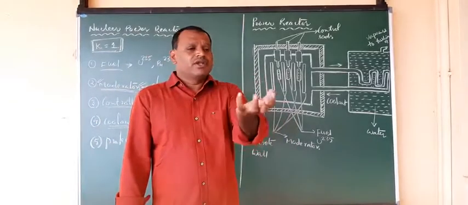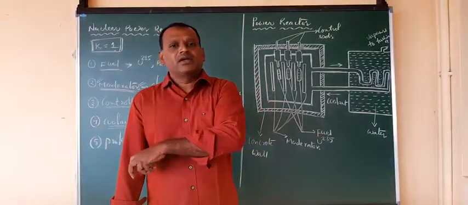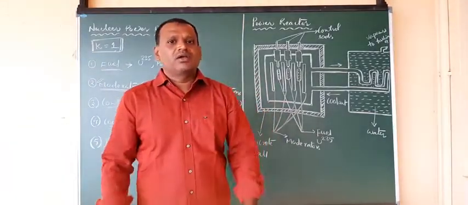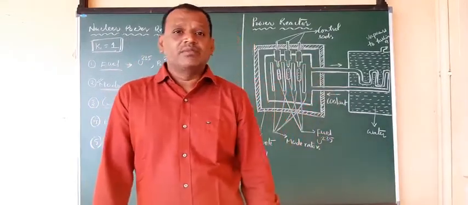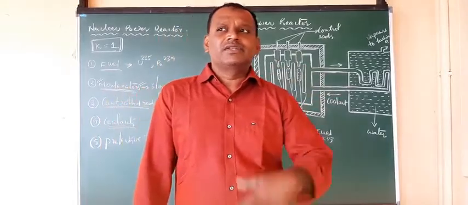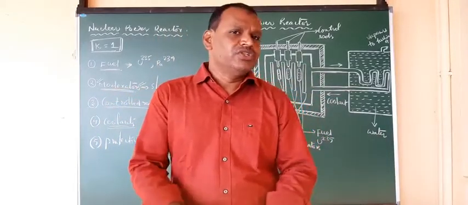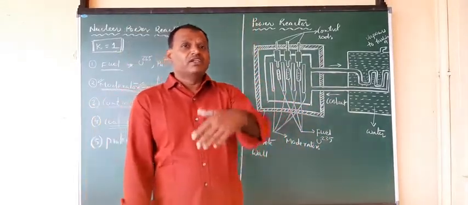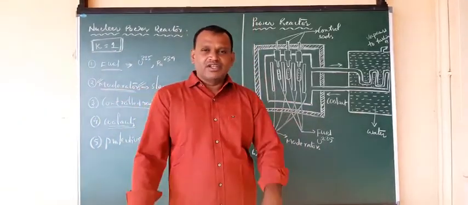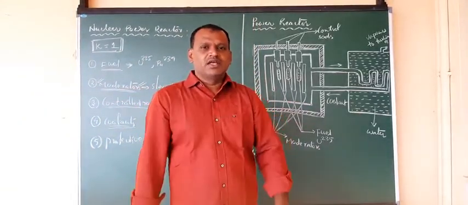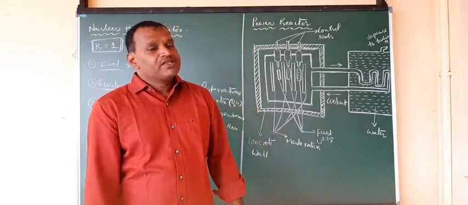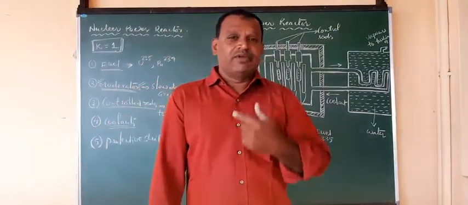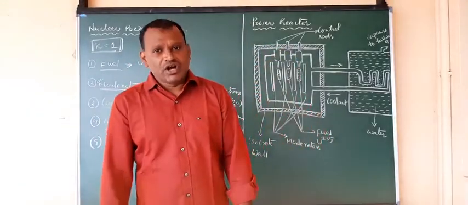If the radiations come out of that reactor, the people working nearby and operating the reactor can be affected and injured, and may get cancer. If the radiation falls on the surface of the skin or on the body of human beings, there is a chance of getting skin cancer, and the eyes will also be affected. Everything, that is, health hazards.